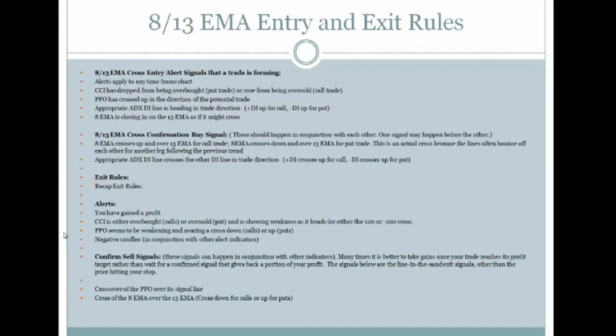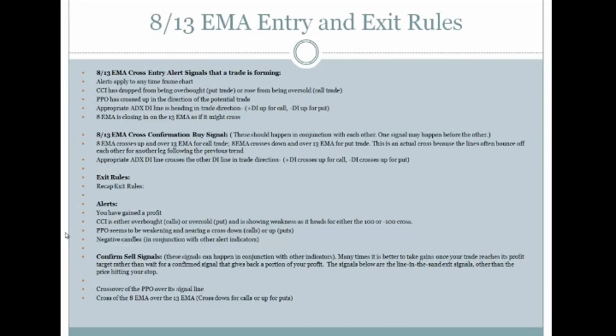You will also see that the CCI will become overbought for calls. It'll be making the big green peak area up there, and it could be creating the brown area if you're in puts that it's oversold. And as they begin heading up toward either the 100 or the minus 100 line, that is showing that they're overbought enough they're beginning to show some weakness, and that would be an alert that it's getting to be time to exit.